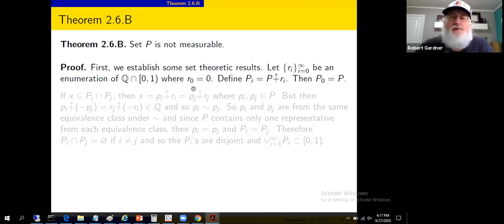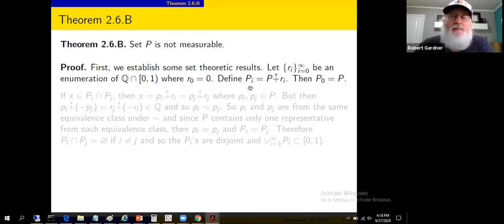Choose R sub 0 to equal 0. It's a rational number in that interval. Just pick it as R sub 0. This is a countable collection. It's an infinite subset of the rational numbers between 0 and 1, excluding 1. So enumerate them, denote them as R sub i, where i ranges from 0 to infinity. Treat them as a sequence.